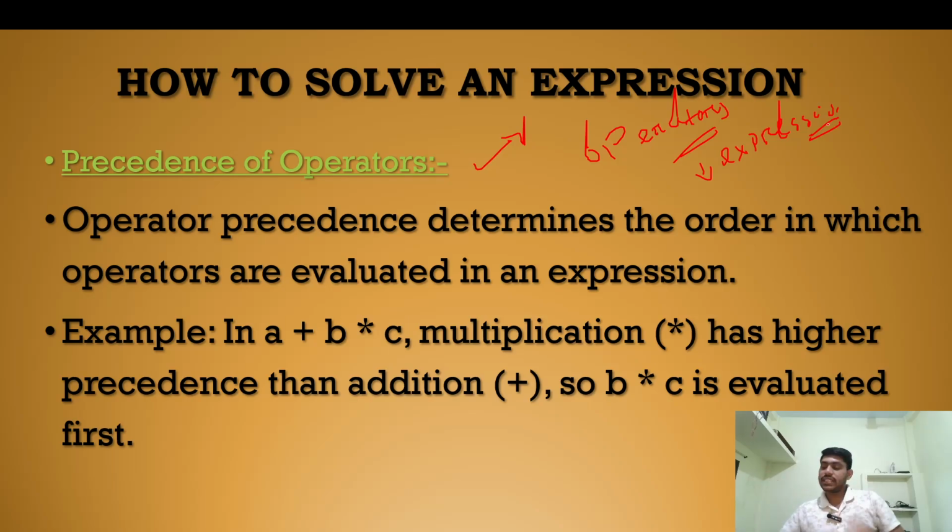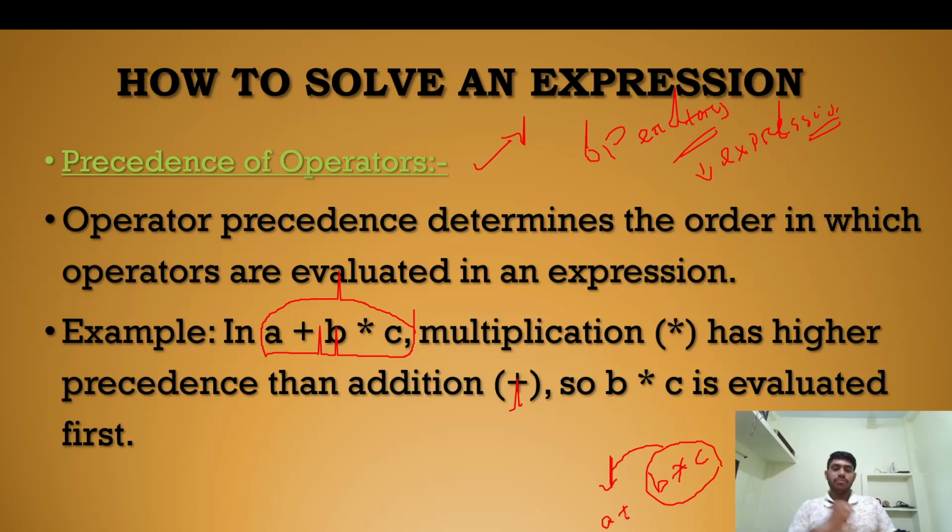One example they have given here: A plus B into C. Multiplication has higher precedence than addition, so first we will solve B into C. Then whatever result we get will be added.